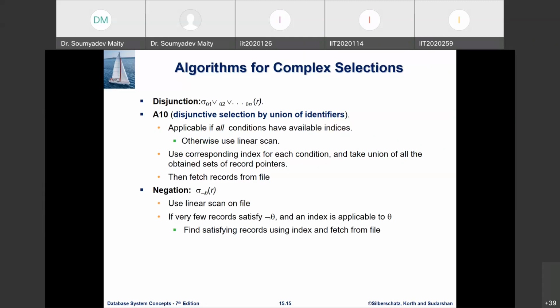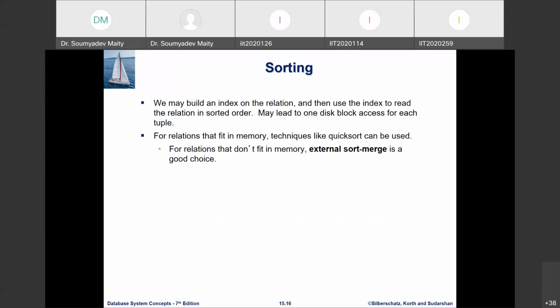Alternatively, if there are only very few records satisfying that negation condition, and an index is available on the attributes involved in theta, then you can use that index to find the records which are satisfying the condition and fetch the records from the file. So that's all about indexing.